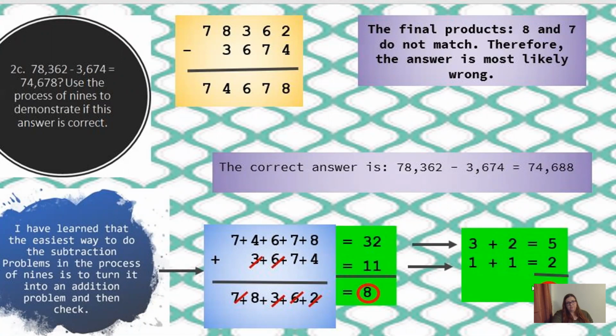And so afterwards, I found out that 8, 7 doesn't match up, and that the correct answer is actually supposed to be a total of 74,688. So it was 10 points off. If you can just turn this into an addition problem when you have subtraction, it makes it so much easier.